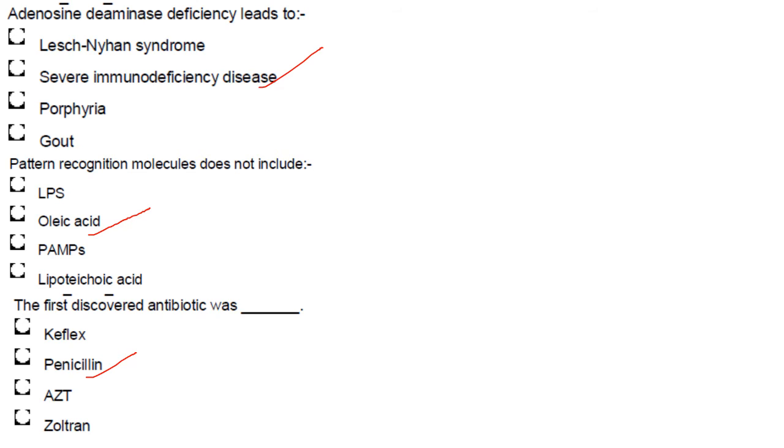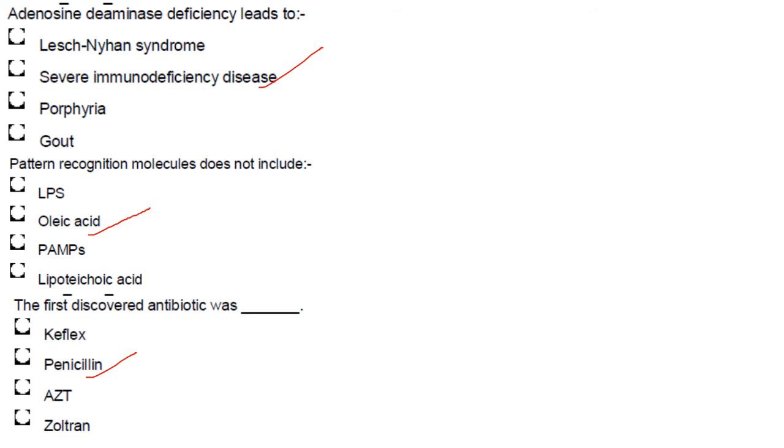And these include bacterial carbohydrates such as lipopolysaccharides, mannose, nucleic acids such as bacterial or viral DNA or RNA, bacterial peptides, that is flagellin, microtubule elongation factors, peptidoglycans, and lipoteichoic acid of gram-positive bacteria, N-formyl methionine, lipoproteins, and fungal glucans and chitin. So the one which is not included is oleic acid, or option B.